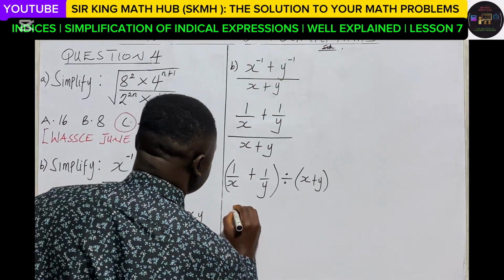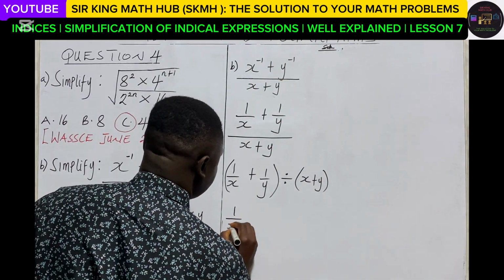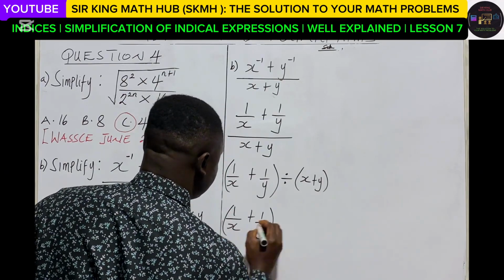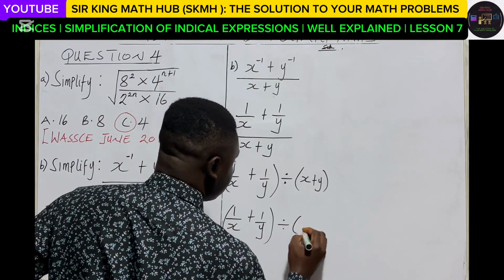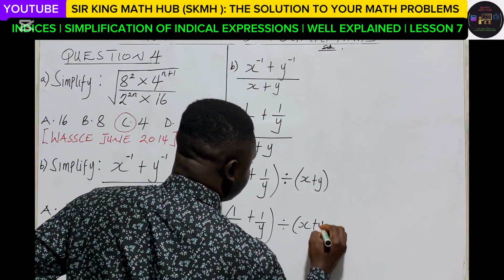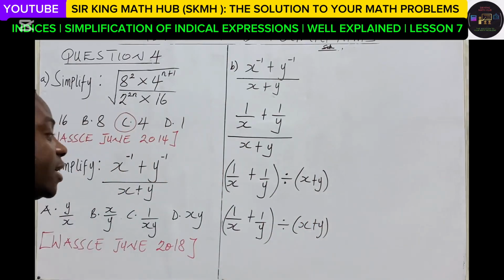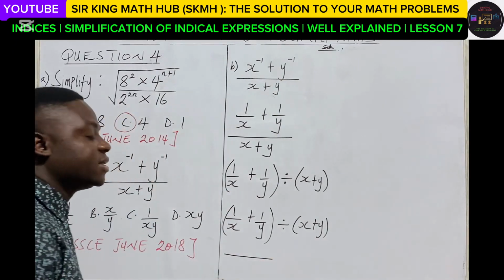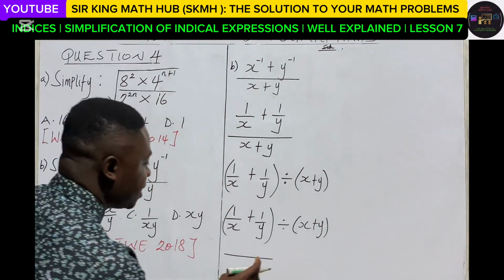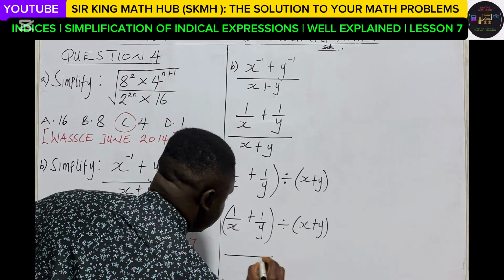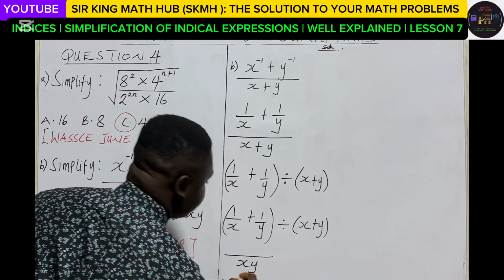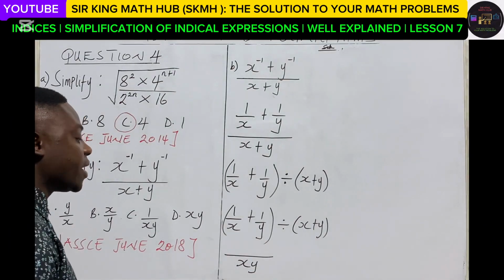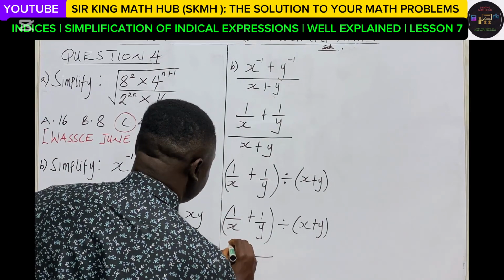So let me repeat this. So now let's simplify the numerator further by finding the LCM. So what is the LCM? So the LCM here is xy. X goes into xy, so the x will cancel out, leaving y. Y multiplied by 1, y.